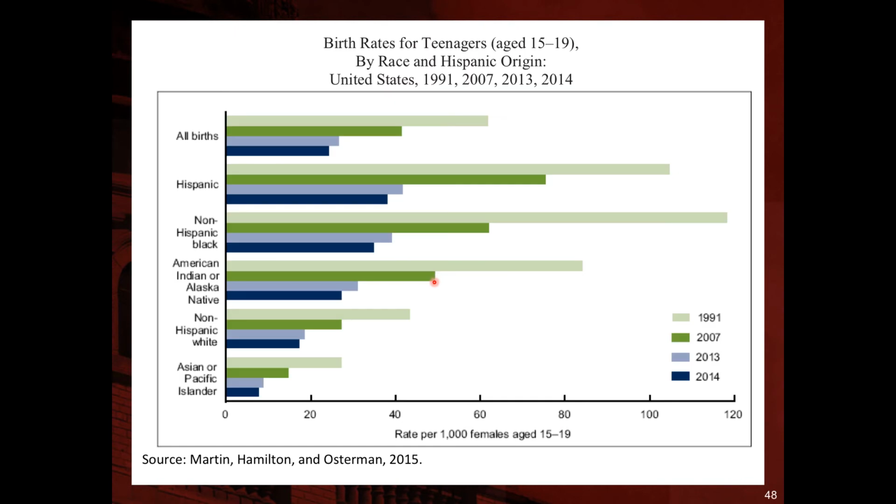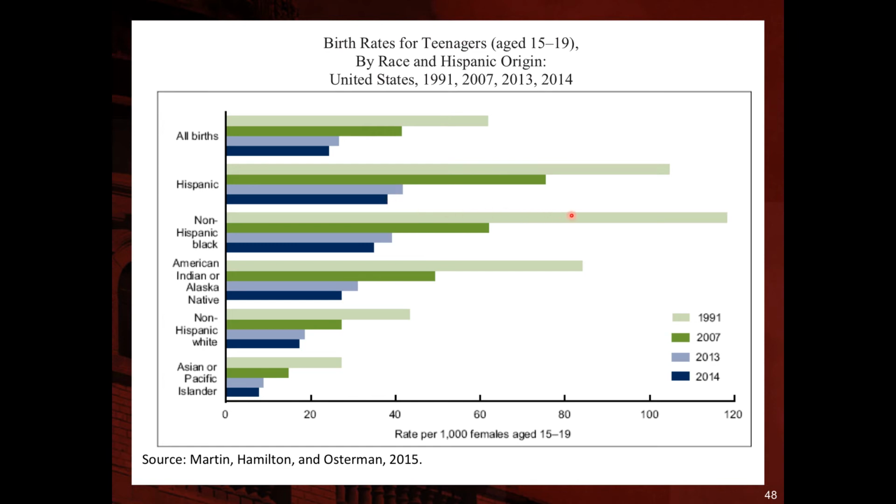And in terms of differentials by race ethnicity, we saw in the previous slide data only for 2014: for Hispanic, almost 40 children per 1,000 women between 15 and 19, and Asian Pacific Islanders were 7.7 per 1,000 women. Overall, these teenagers have been declining their fertility over time from 1991 to 2007, 2013, and 2014.